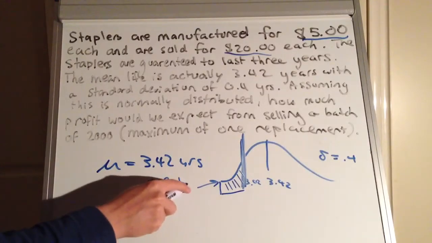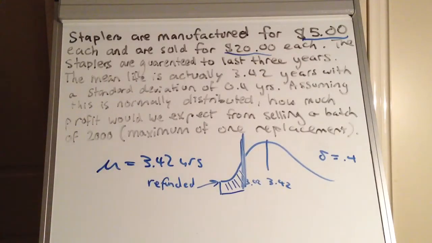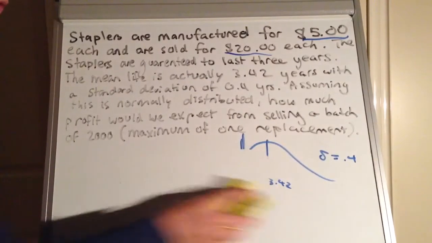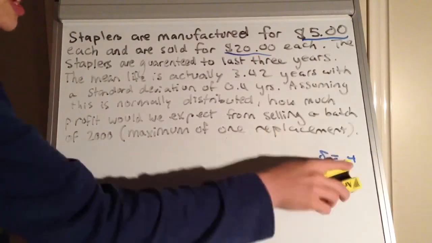And that's a good way to think about it in stats: what kind of values are you expecting? Obviously we wouldn't expect more than 50% of the staplers to be faulty. But we'll come back to that later after we've gone through the question and finished identifying the values.